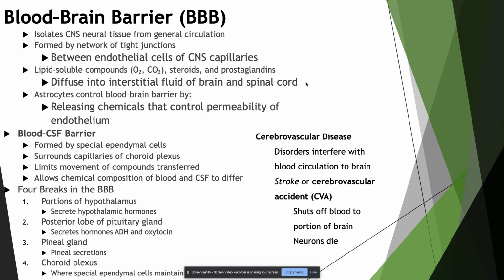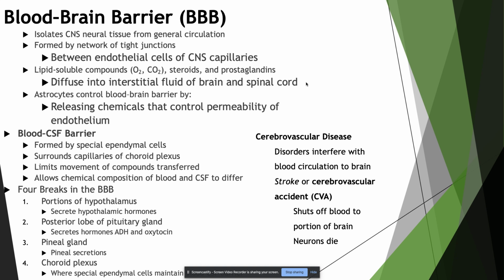The blood-brain barrier remains intact throughout the CNS, except in small areas known as circumventricular organs, or CVOs, which have fenestrated capillaries. We'll talk more about fenestrated capillaries when you get into A&P 2. Because they're outside the blood-brain barrier, they provide a direct link between the CNS and the peripheral blood vessels, and they play a role in neuroendocrine function.